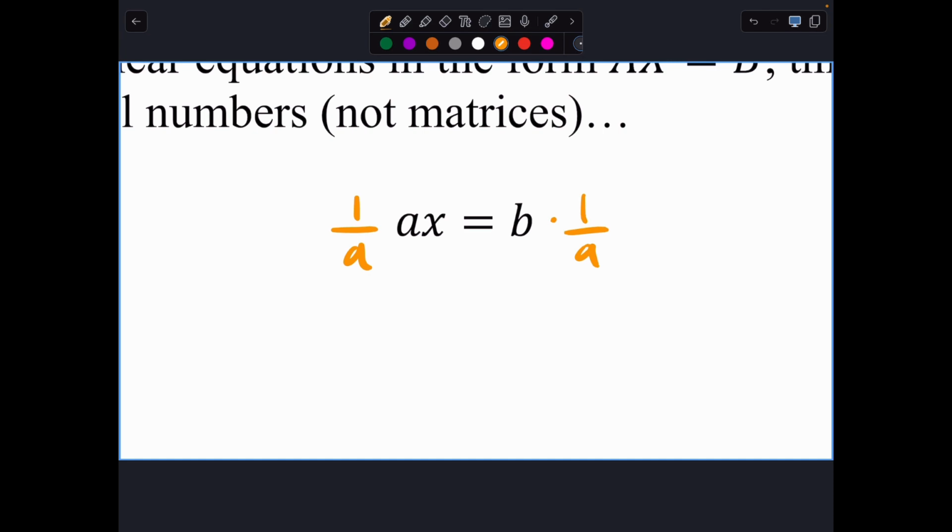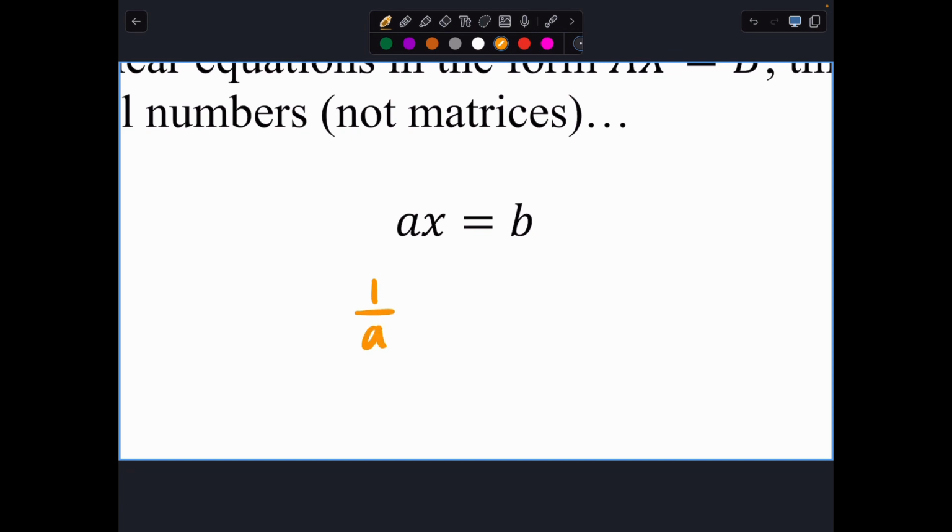What's another way, using exponent rules, to write 1 over A? A to the negative first. So here, I'll write the 1 over A first.